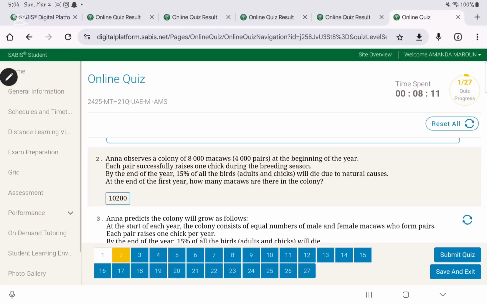Now, the second way of doing this is a similar way, the way we just took this year. They took the original number of macaws, which is 8,000 macaws, and multiplied it. We know that the total number of macaws will increase by half.